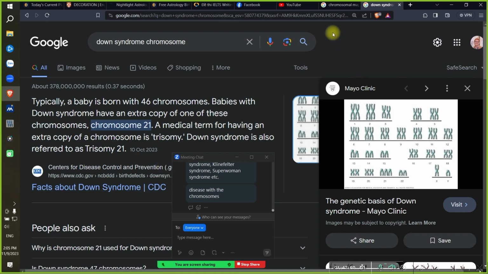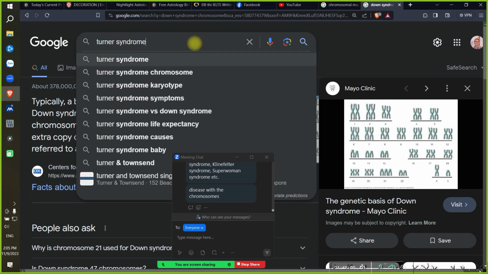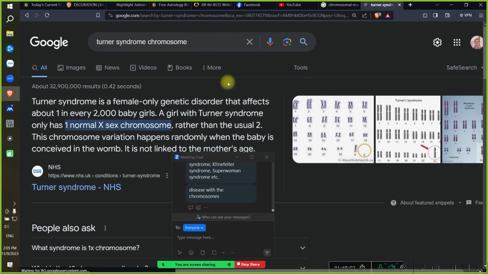Then the other syndrome, Turner syndrome. It's something to do with the sex chromosome. There's only one X chromosome for this woman, so it's lacking something.